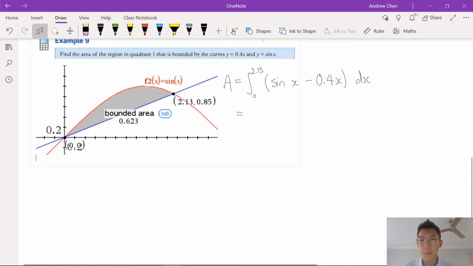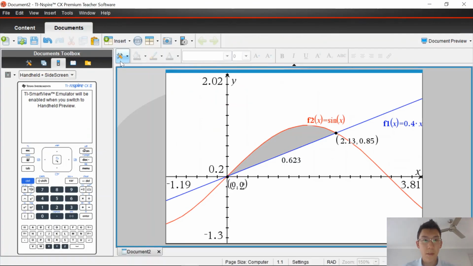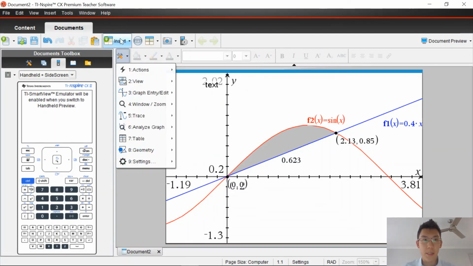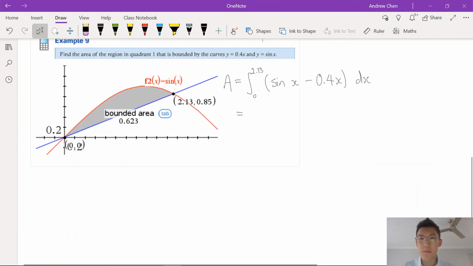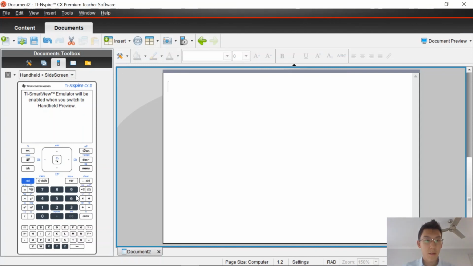And let's just type the integral into the calculator as well, just to confirm. So that way you can see different ways you can get the calculator to help you. So here we go. I want 0 to 2.13.